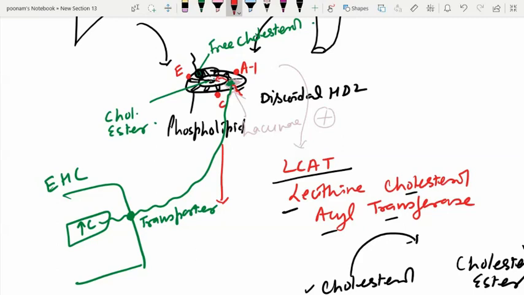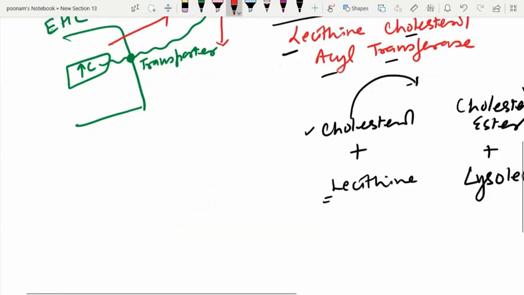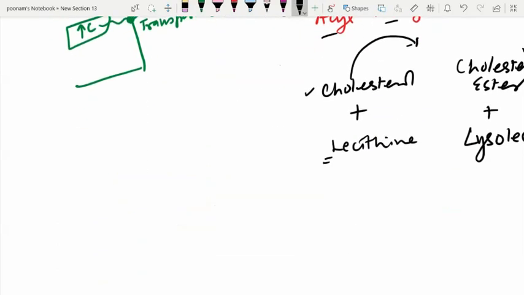Some more cholesterol moves into this lacuna, is again modified to cholesterol ester and moves into the core section. With repeated action of LCAT, more and more cholesterol ester is accommodated in the core section of the HDL particle, and this becomes a spherical particle which is called HDL3.